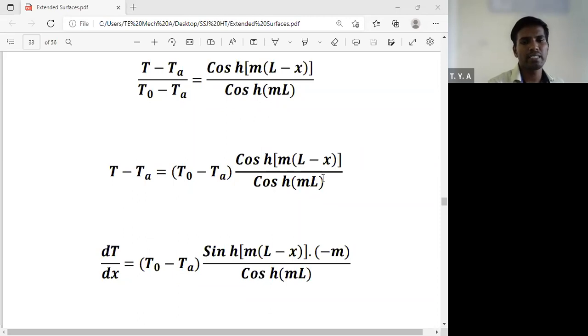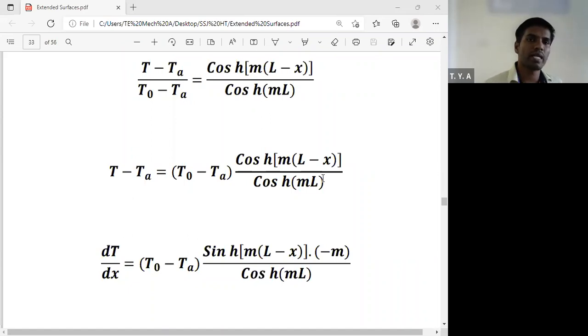So dt by dx is equal to T0 minus Ta. The derivative of cos hyperbolic x is nothing but sin hyperbolic x, but in this case the value of x is m into bracket L minus x.